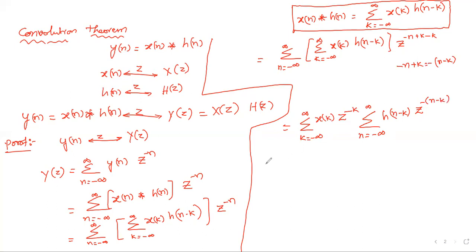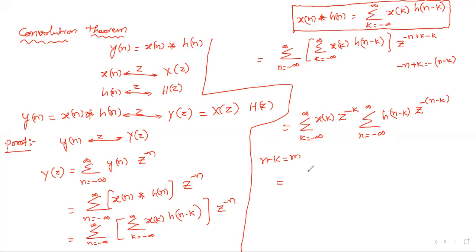Now, let n minus k be equal to some m. N minus k is equal to m, right? Now, don't write here, we only need to substitute in this one.